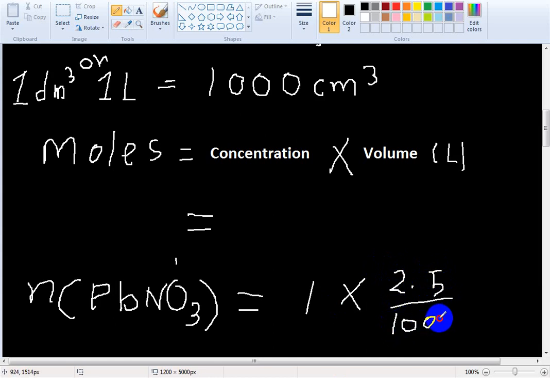Have you used the calculator? 2.5 divided by 1000 is 0.0025.